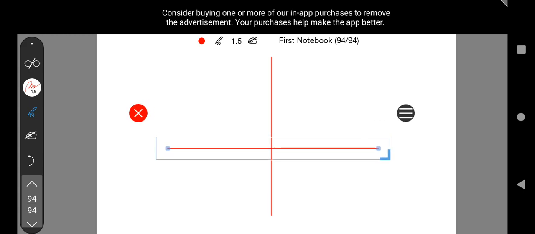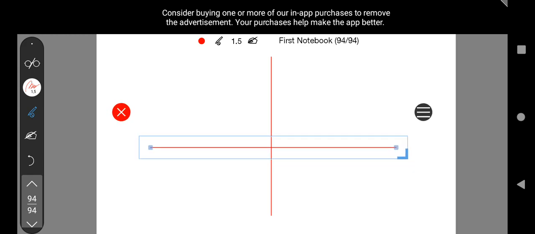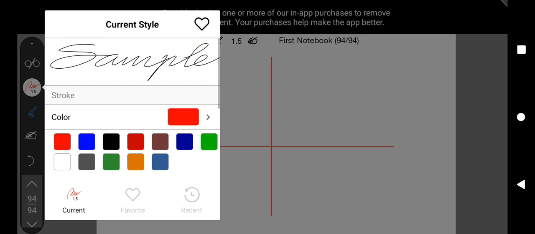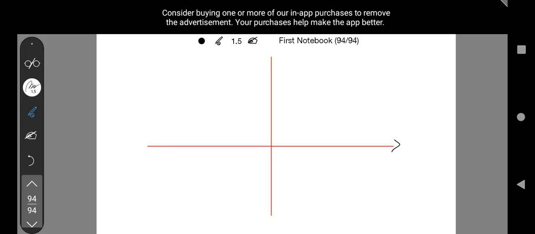So let the line be like this. Let me use the color black. So here we have the x-axis, here we have the y-axis.